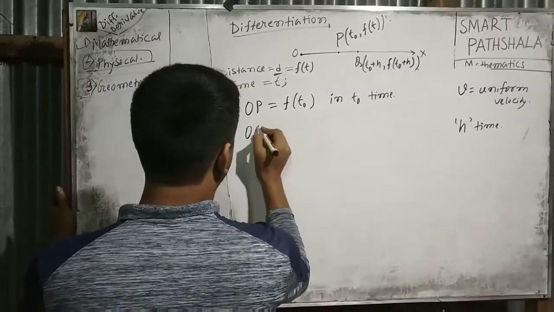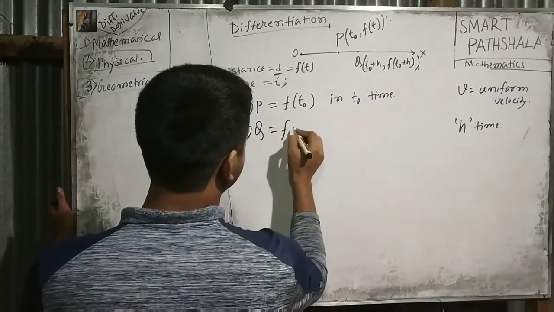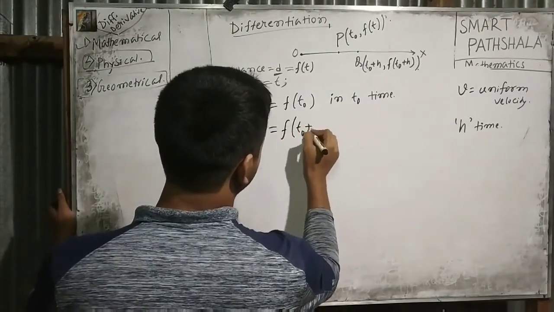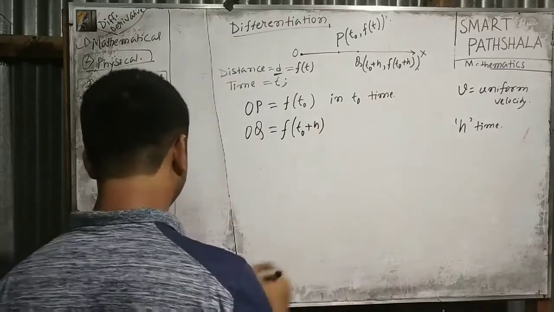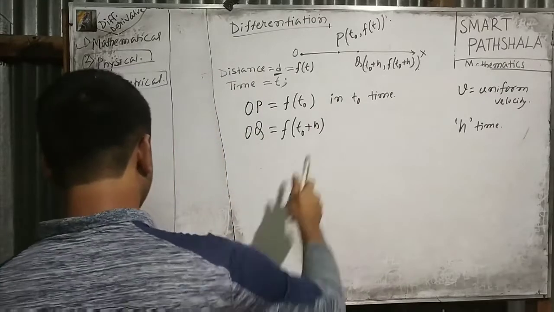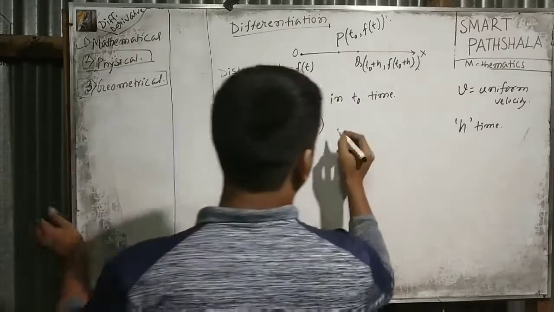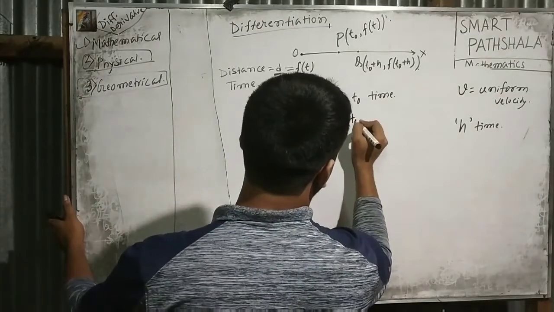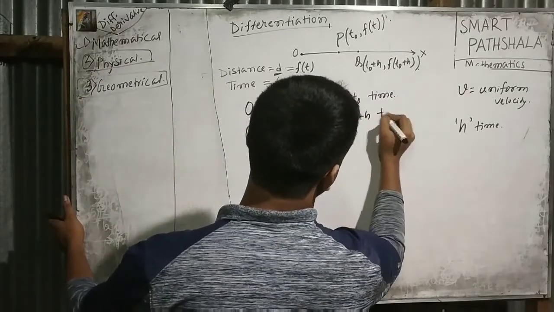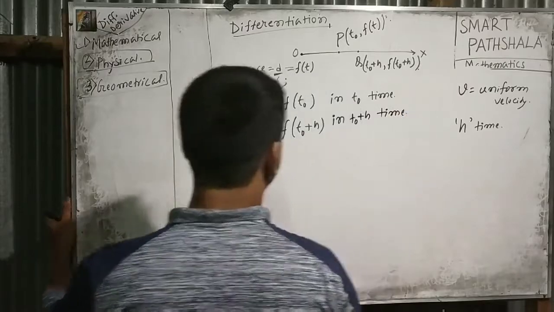So what is OQ? OQ is f of t0 plus h, in t0 plus h time.